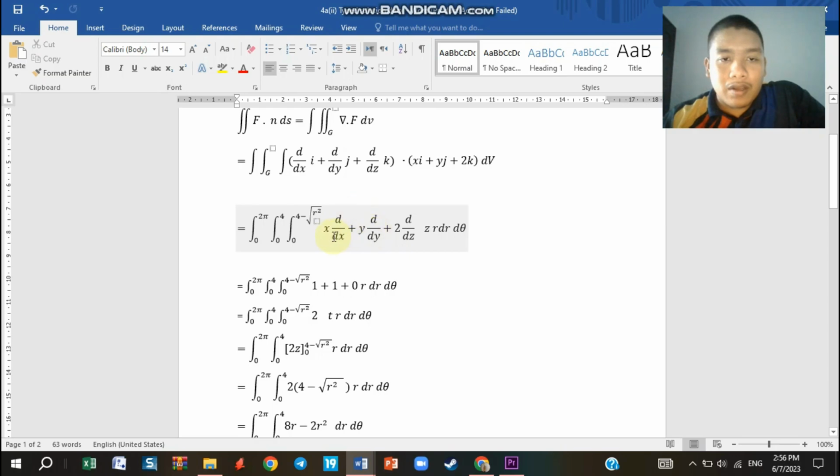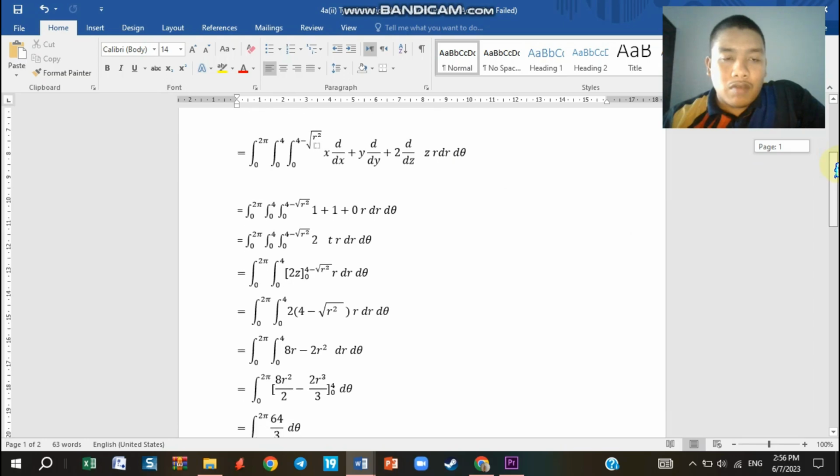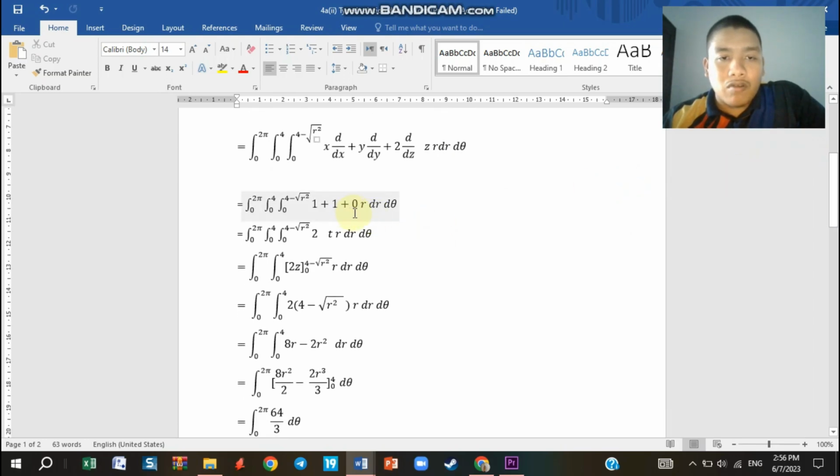We put back the integration we need, and we integrate it as r dr d theta. So we get the value which is 1 plus 1 plus 0, r dr d theta. We add it, we get 2r dr d theta, and we integrate it again with limit 0 until 4 minus r to the power of 2, r dr d theta.